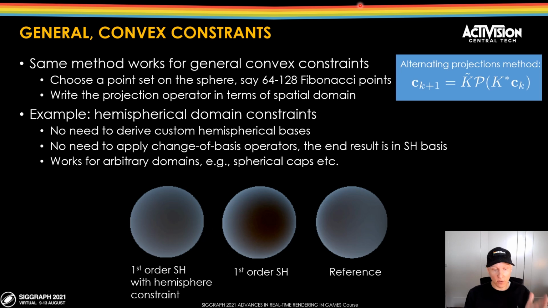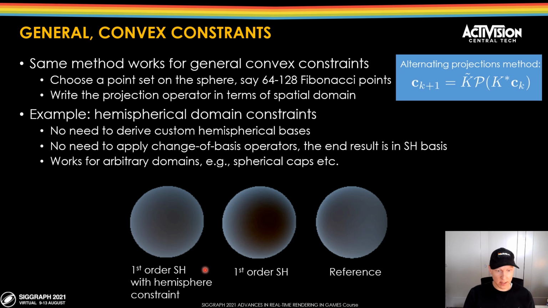If you use this reproducing kernel Hilbert space approach, the main benefit is that all your end vectors are still just SH vectors. So you can combine the same SH vectors with other operations without the need to do any change of basis from a specialized hemisphere basis or a specialized hemispherical cap basis and so forth.